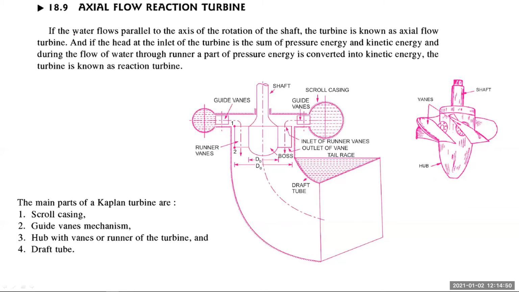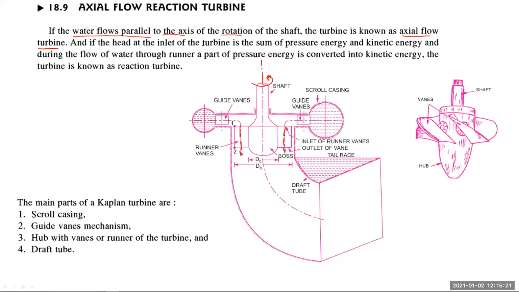If the water flows parallel to the axis of rotation of the shaft, if this is the axis of rotation of this shaft, and the water is flowing parallel to this, as you can see in this diagram, then the turbine is known as axial flow turbine.